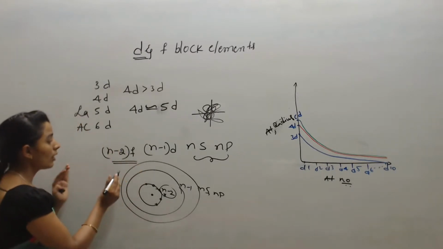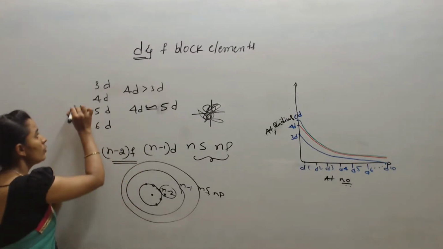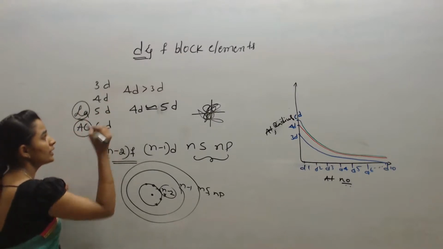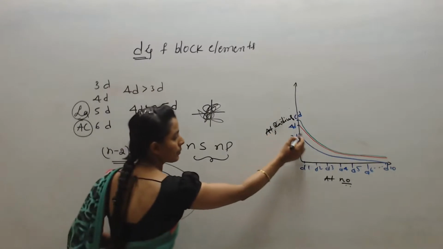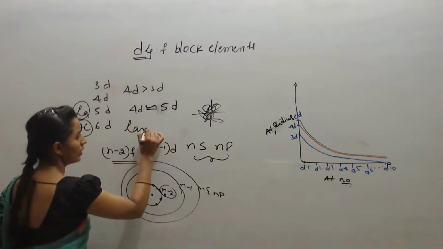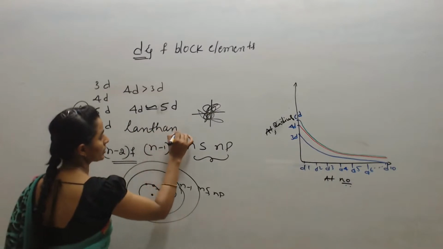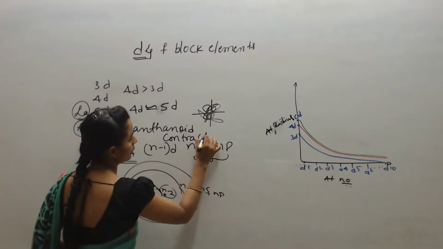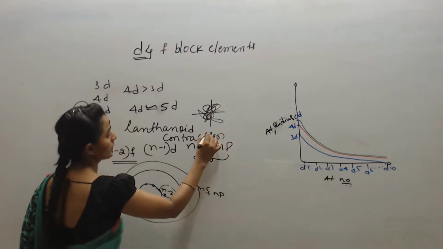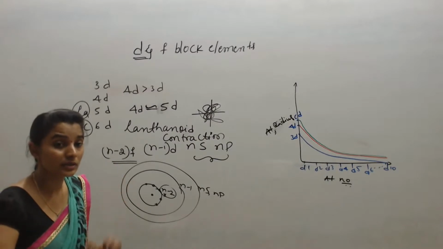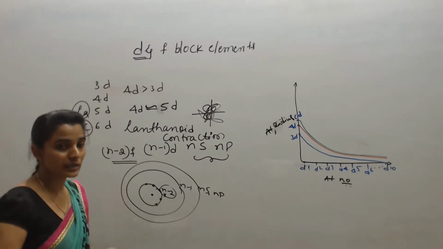So due to the involvement of f block elements, the 4d and 5d series show the same, similar size. That is called what? Lanthanoid contraction. This is very important. While I am explaining the f block elements, I will again say what is lanthanoid contraction, its causes, and its consequences.